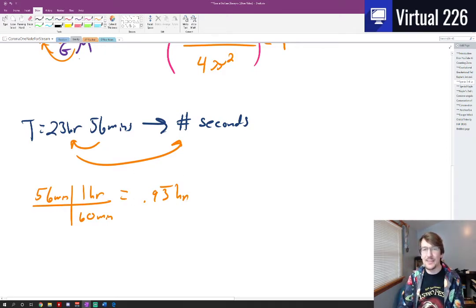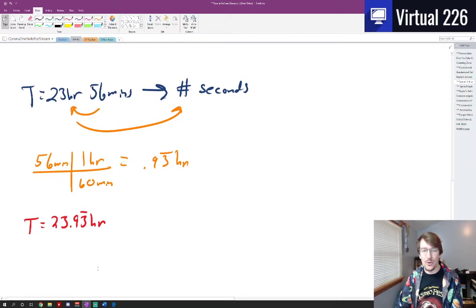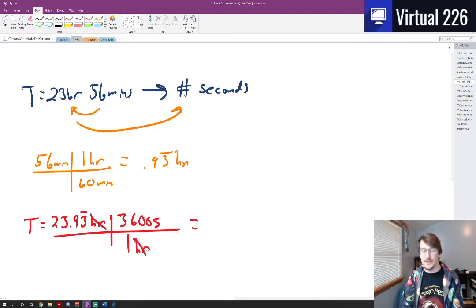If I add that to the 23 hours I have, that means my period is equal to 23.933333 hours. Now, I know that in an hour there's 60 minutes, and in each minute there's 60 seconds. So that means there's 3,600 seconds, 60 times 60, in 1 hour. This is going to give me some weird, stupid number, but whatever. It's just what it is.